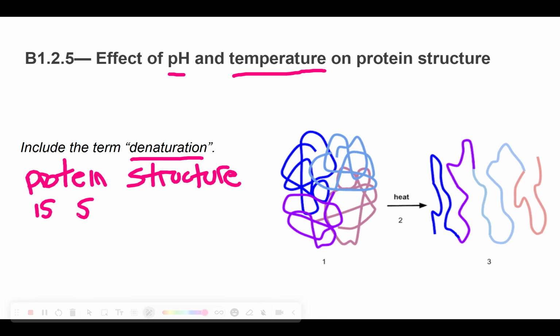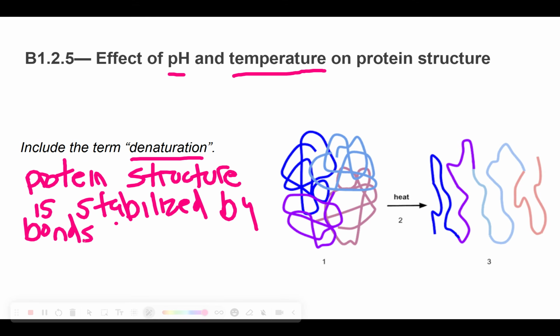So those are side chains. And for SL, you don't need to know what all the different bonds are. But we'll just say that in general, protein structure is stabilized by bonds between R groups. And we'll make it a capital R.